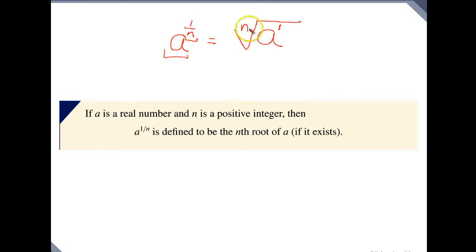And I think what they were showing us before, if this number n here is an even number, 2, 4, 6, 8, then you cannot have a negative radicand if that's an even index number, because then that's not a real number.